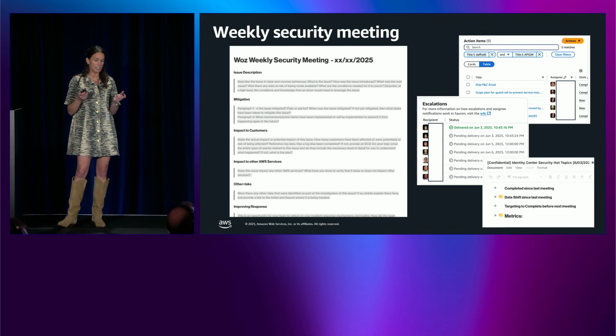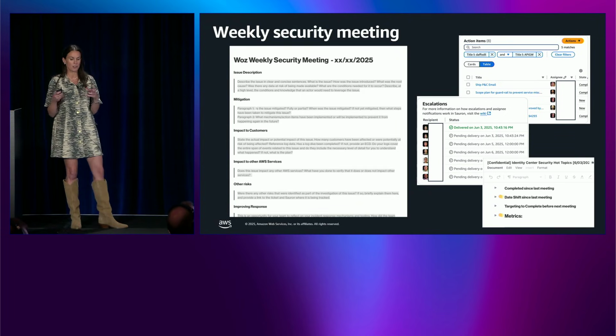The benefit to the engineering teams is that they get access to leadership guidance and security engineering expertise in a timely manner to ensure the right things are happening to effectively address the issue. And the benefit to leadership is an opportunity to consistently inspect how engineering teams are addressing security risks.